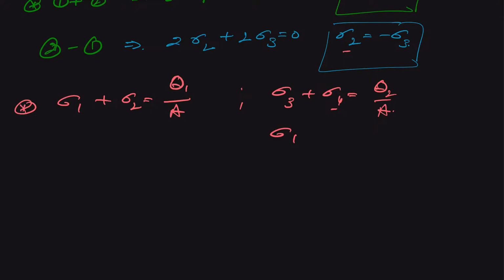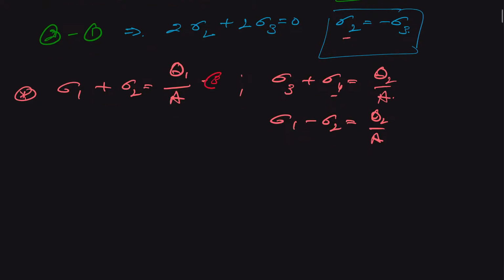So we get sigma 1 minus sigma 2 is equal to Q2 upon A. So we get the two equations. Let us put this equation number 3 and this is equation number 4.